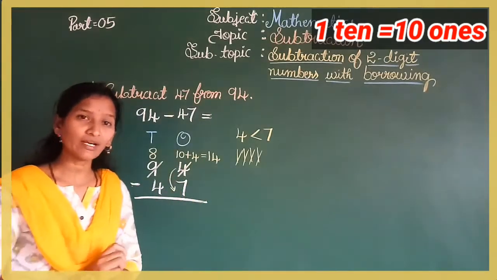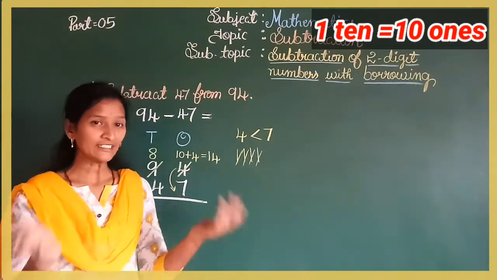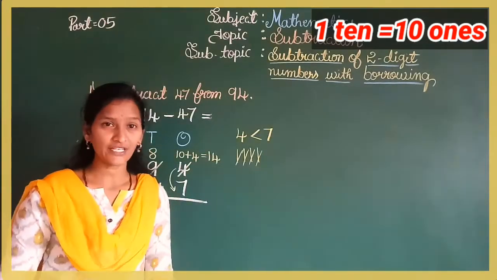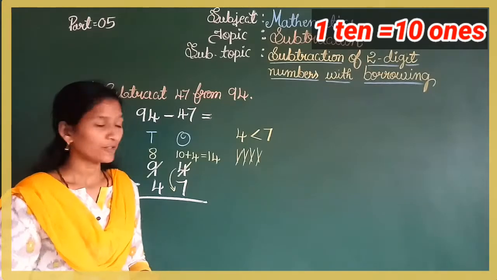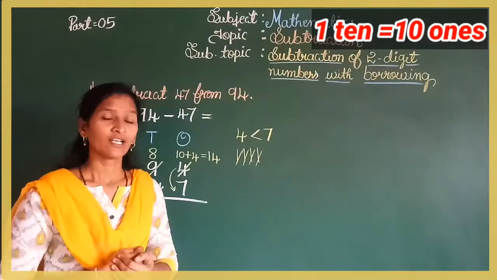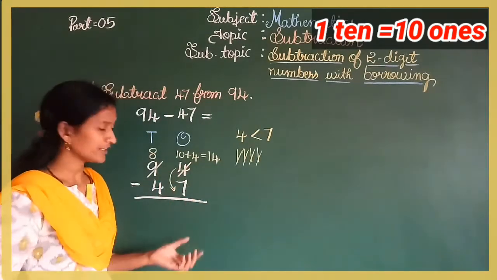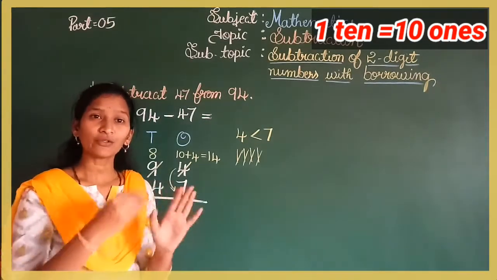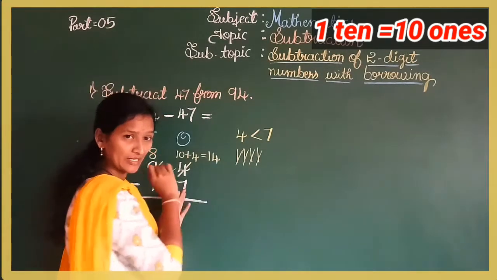Okay. Yes, now 14 minus 7. What is 14 minus 7? Yes, 14 is a big number. We don't have 14 fingers. We have only 10 fingers, right? How can you subtract this? Can you draw 14 lines? It takes more time. So look here. 14 is a big number. Leave it. Come to the small one, 7. After 7 you have to count forward till you reach the bigger number.